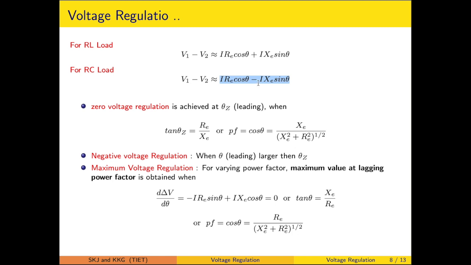Similarly, this negative sign also signifies that negative voltage regulation can be achieved, and this results when the sine theta value is coming out to be greater than cosine theta. So these two you can easily calculate with the expression of the voltage regulation for the RC load.